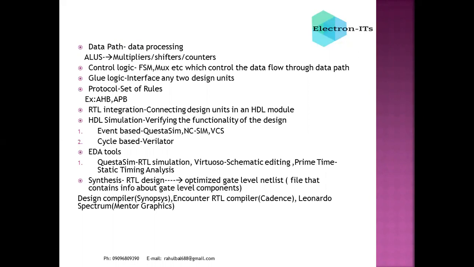It refers to design blocks such as finite state machines, multiplexers, encoders that control the flow of data through the data path. Then glue logic interfaces any two design units. For example, the address decoder will act as a glue logic between microprocessor and memory.